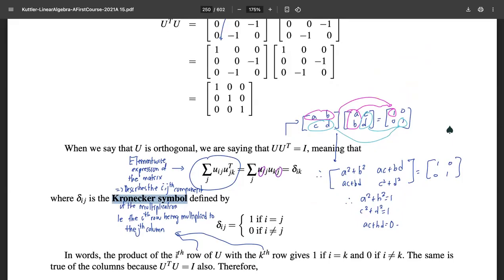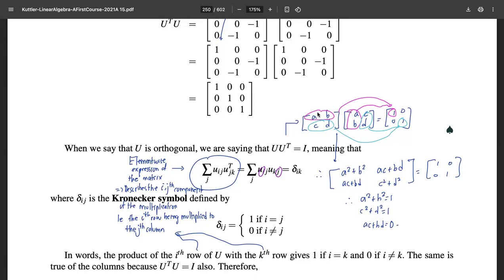In words, the product of the ith row of U with the kth row gives 1, because remember, the columns of your transpose are exactly the rows of your actual matrix, right?